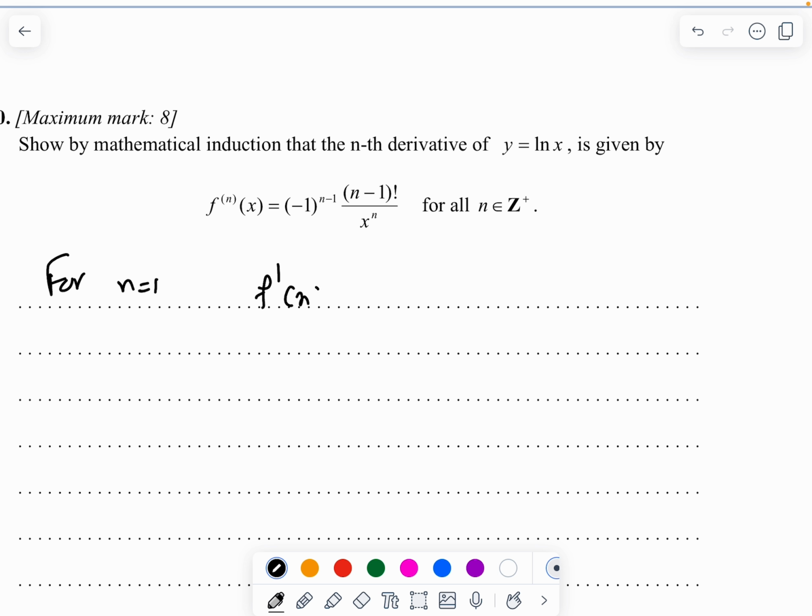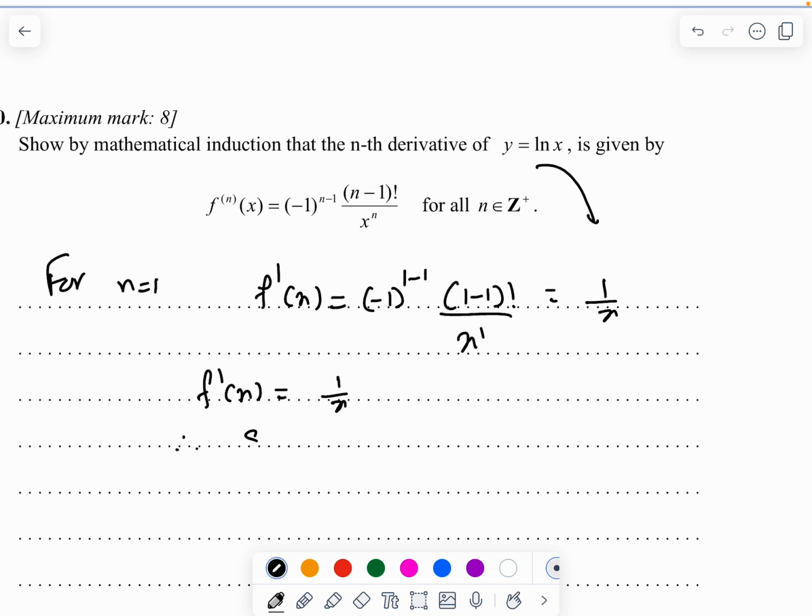F prime x equals minus 1 whole to the power of 1 minus 1, factorial of 1 minus 1, by x power 1, which is nothing but 1 upon x. And from here also, the first derivative of ln x is 1 upon x. Therefore, the statement is true for n equals 1.